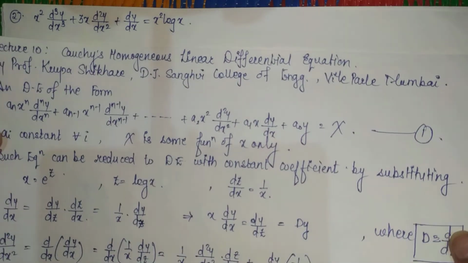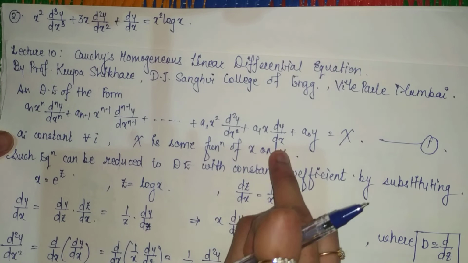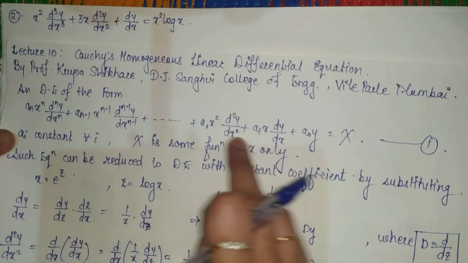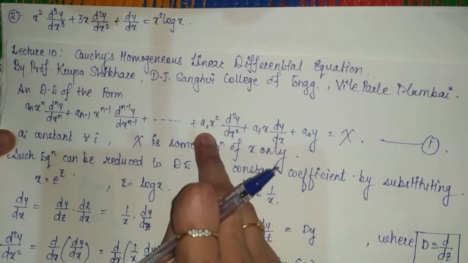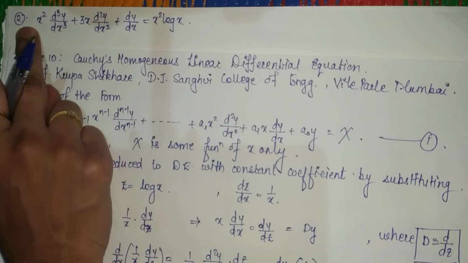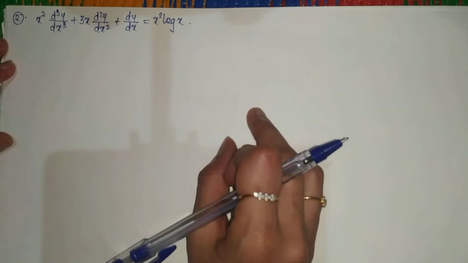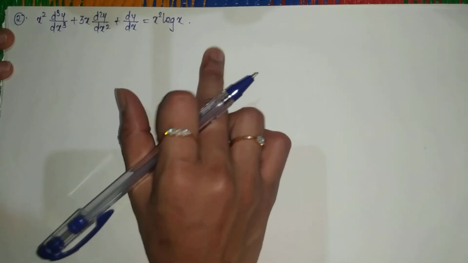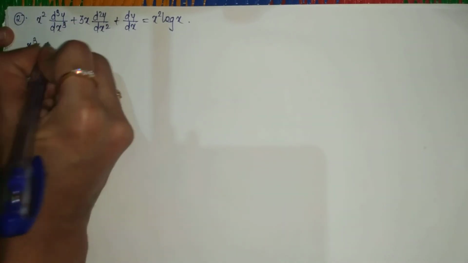But if I want to compare it with Cauchy's differential equation, see, what are the coefficients? With dy by dx, the x term should be there. For second order, the x square term should be there. So for third order, the x cube term should be there, right? Okay, so to make it into Cauchy's differential equation form, we will multiply this by x. So we will get x cube.